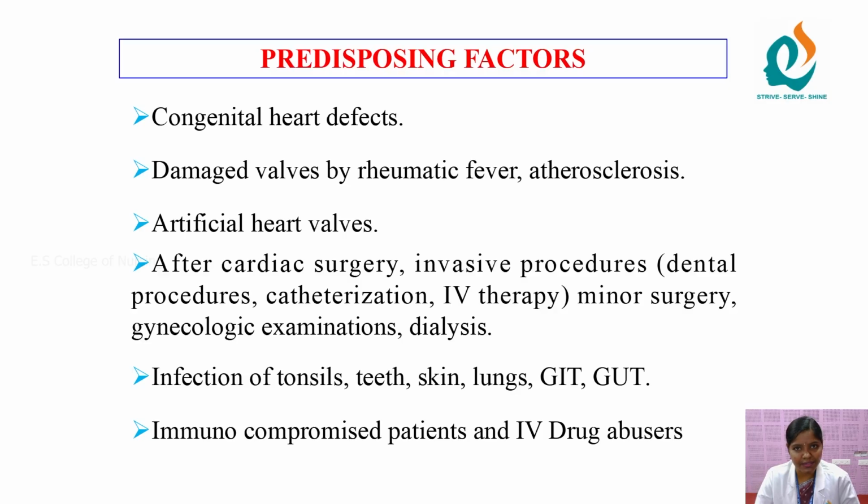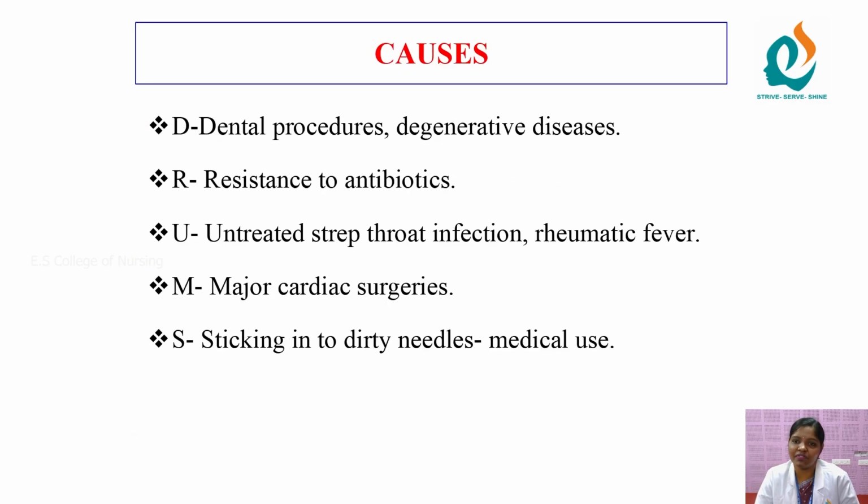After cardiac surgery, invasive procedures, dental procedures and catheterizations, IV therapy, minor surgery, gynecological examination, dialysis. Infection of the tonsils, teeth, skin, lungs and gut. Immunocompromised patients and IV drug abusers. All of these come under predisposing factors.